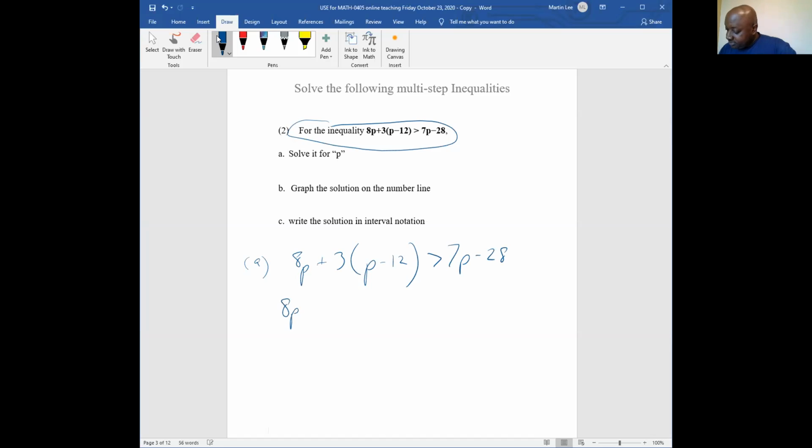Now this is 8P plus, distributing, 3 times P is 3P, and then 3 times negative 12, I mean negative 36, is greater than 7P minus 28.